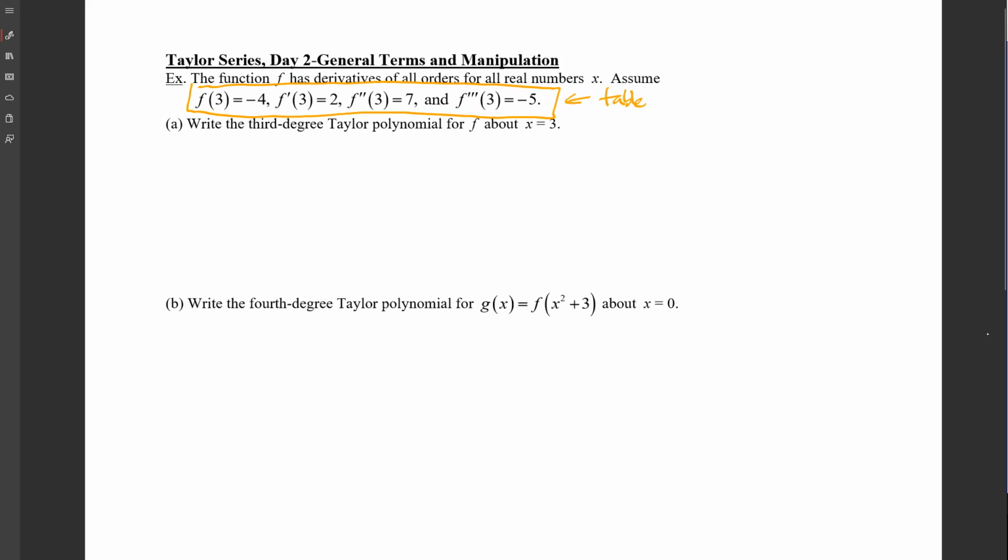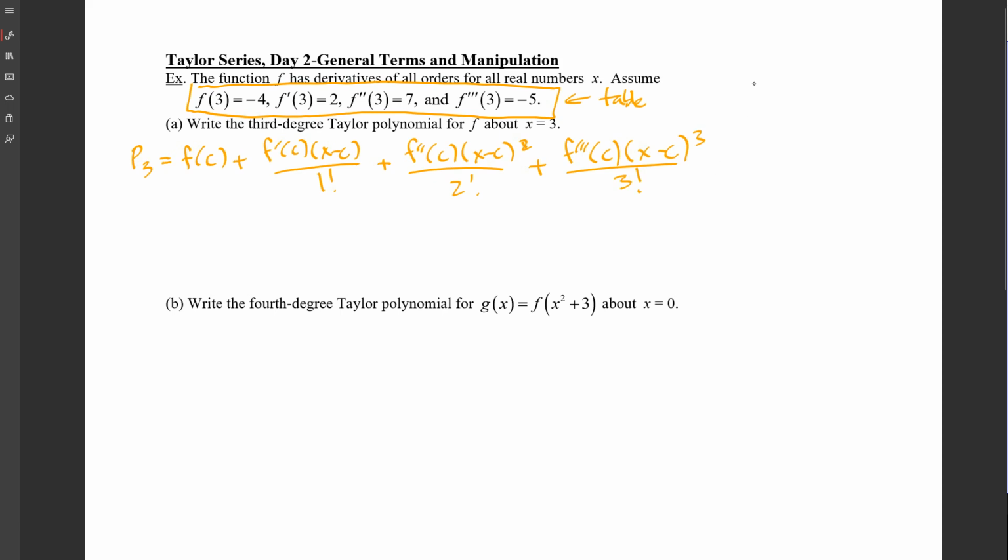I want the third degree Taylor polynomial, so that's P3, and I know the formula: f of c plus f prime at c, x minus c over 1 factorial, plus f double prime at c, x minus c squared over 2 factorial, plus f triple prime at c, x minus c raised to the third power over 3 factorial. I'll stop there because I just need the third degree.